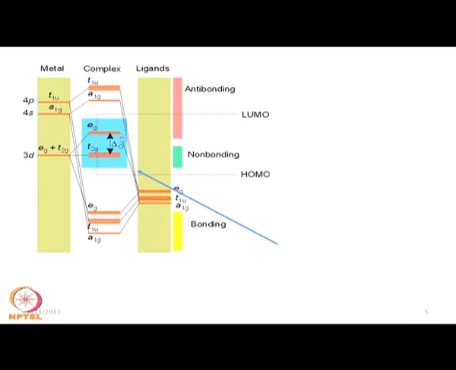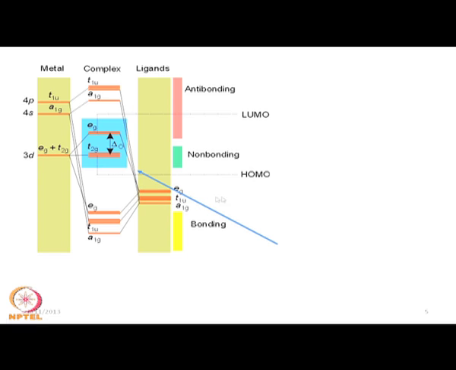So, we have only the acceptor level available, which is the Eg star or Eg antibonding level. Similarly, going up further, we will have the antibonding orbital of A1g symmetry, because it interacts with 4s, and the antibonding orbital of T1u symmetry, that means T1u star. So, they are at much higher energy levels.